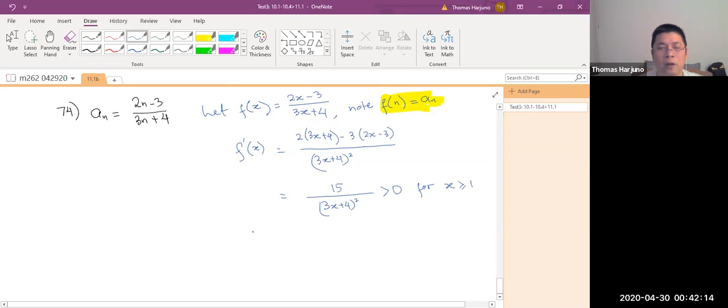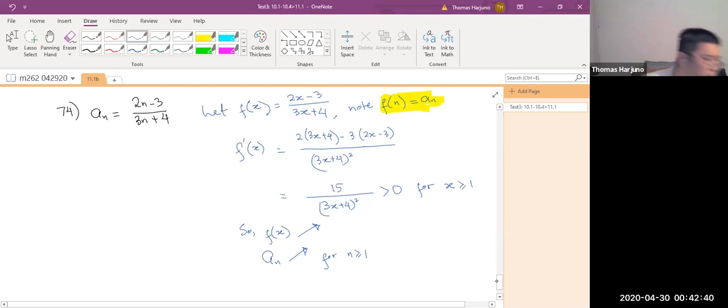So the function f(x) is increasing. It is not eventually increasing, because even when x is greater than or equal to 1, it's already increasing. So the sequence is increasing, not in the sense of eventually increasing, because it starts from 1.